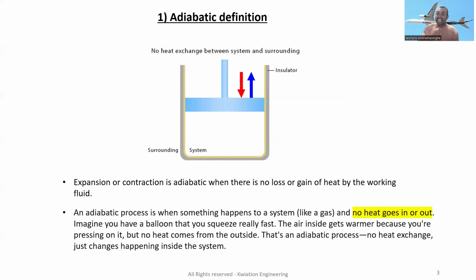So that is an adiabatic process. I think with this example you can understand. You press a balloon, and the air inside is getting warmer, but you cannot feel anything warm from outside. That is called an adiabatic process. In an adiabatic process there is no heat exchange, just changes happening inside the system. That is the adiabatic definition.